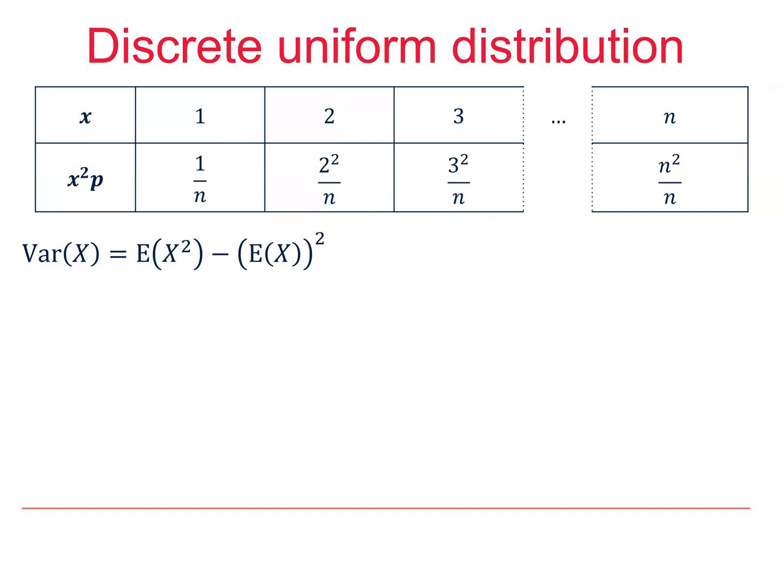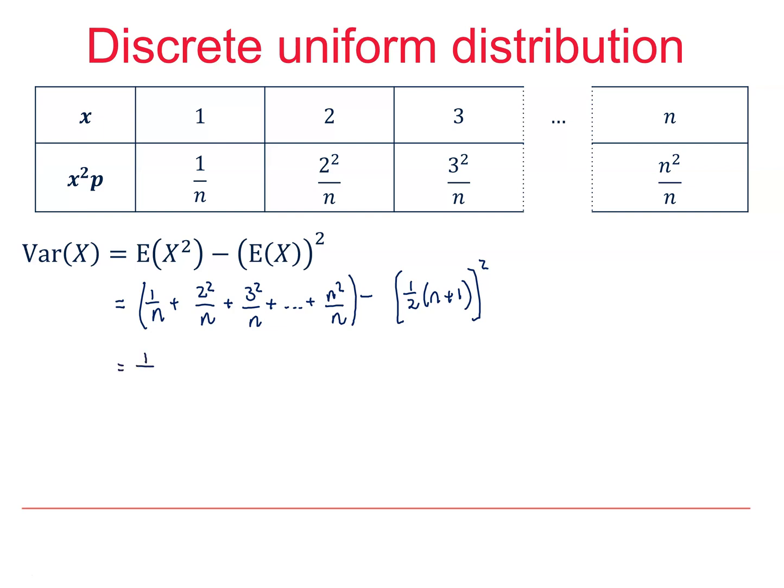So, using the figures we have above, that's 1 over n plus 2 squared over n plus 3 squared over n plus all the way up to n squared over n. I'll put that in brackets just for clarity, and from that we subtract the value that we just worked out, a half n plus 1, all squared.